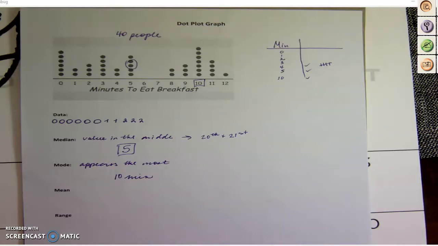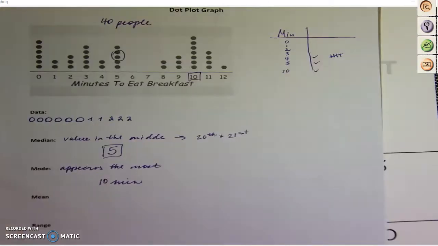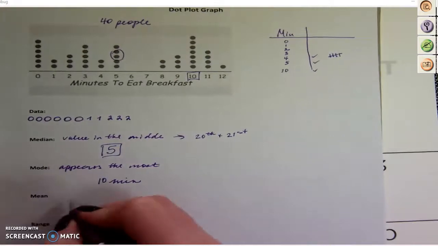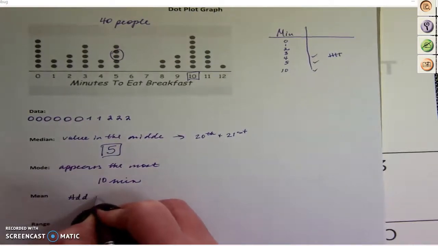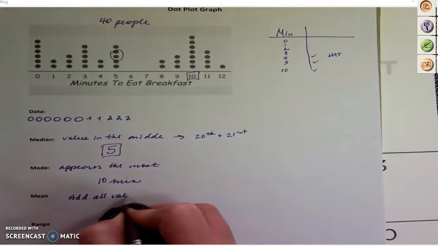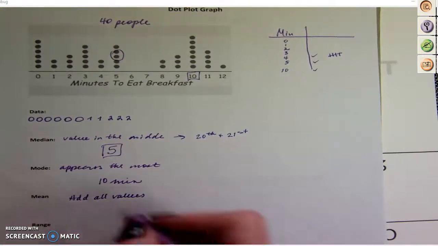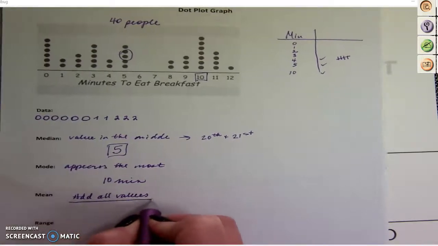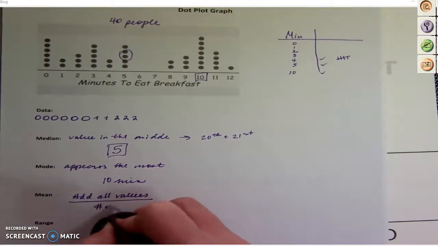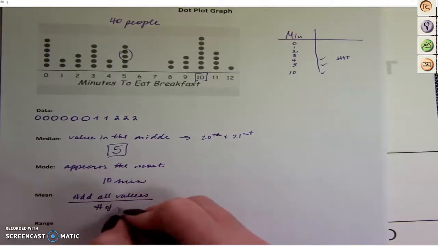The mean is the value that is the most labor intensive. We'll really have to be careful with this number, and I'm going to show you the process of what we would do. With the mean, you have to add all values that you have collected, and then we divide by the number of answers.